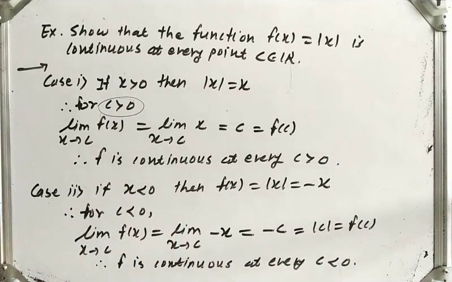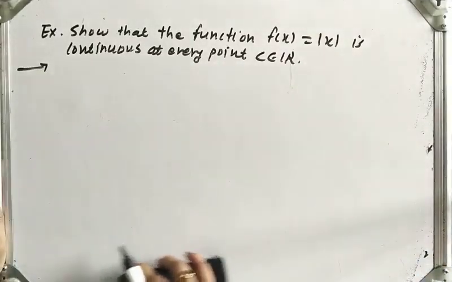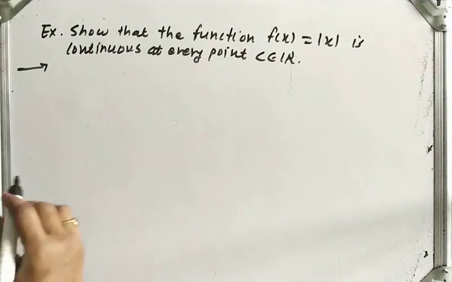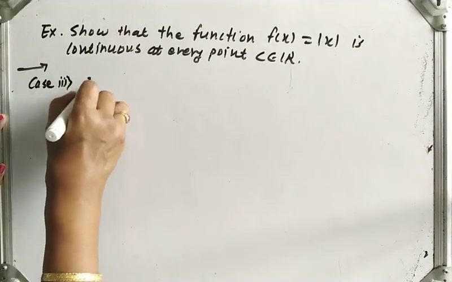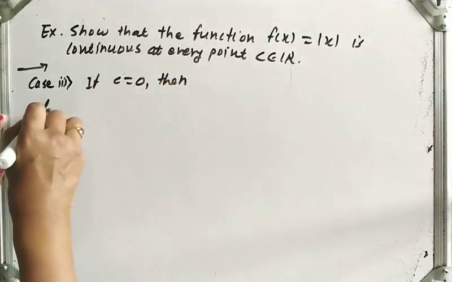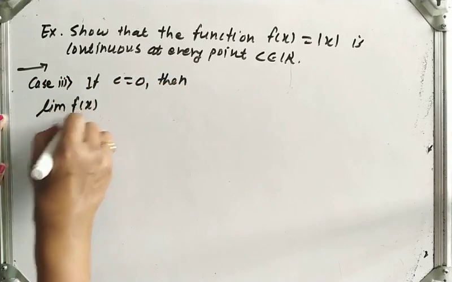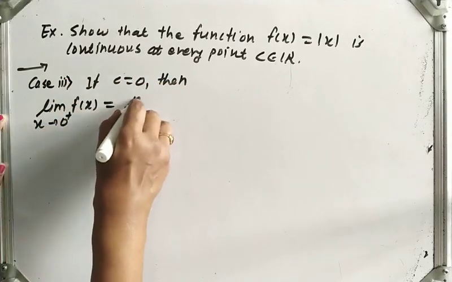Now third case, if c is equal to 0, then what happens? So third case, case 3. If c is equal to 0, then limit of f x as x tends to 0 plus is equal to, what will be?